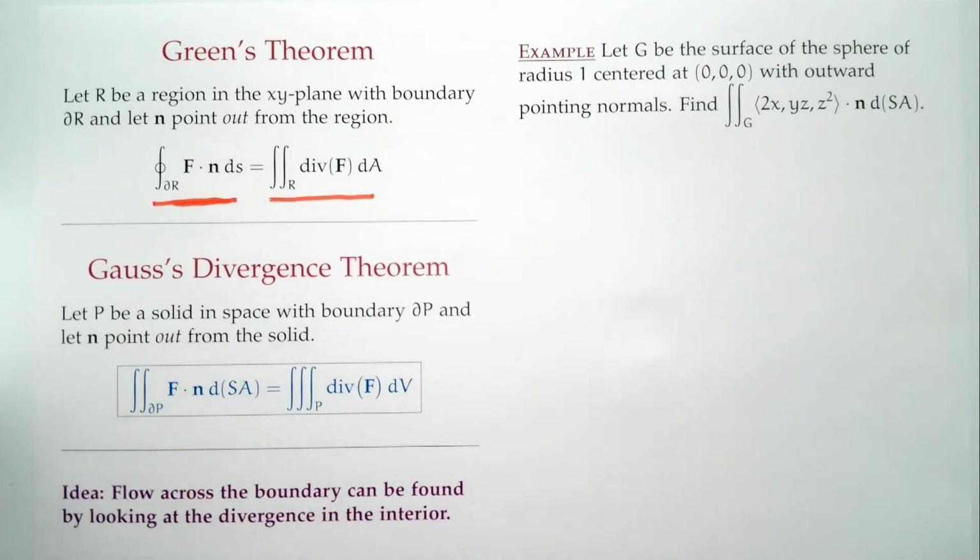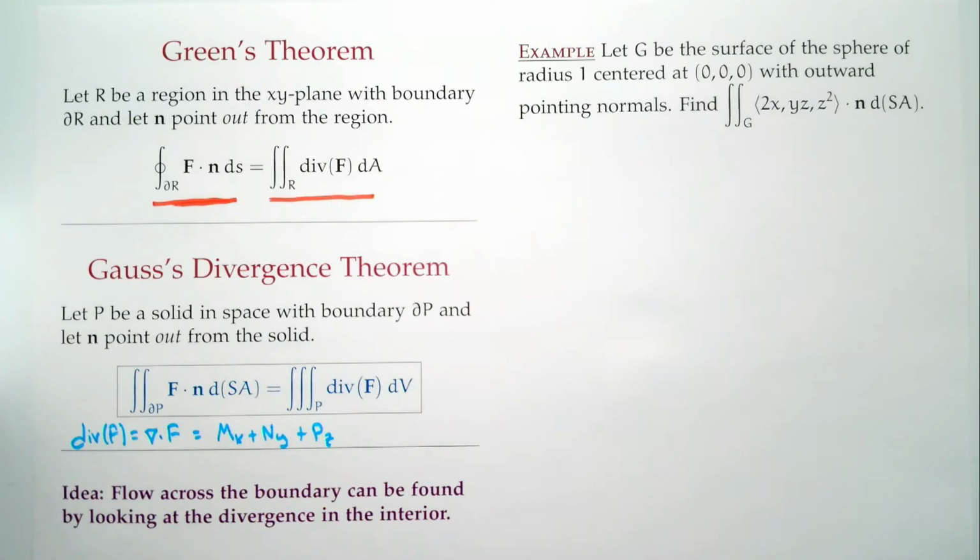As a reminder, in case you've forgotten, the divergence of f, also noted as del dot f, is just, you take the partial derivatives and add them: M sub x, N sub y, P sub z. So the divergence is a very straightforward thing to work with.